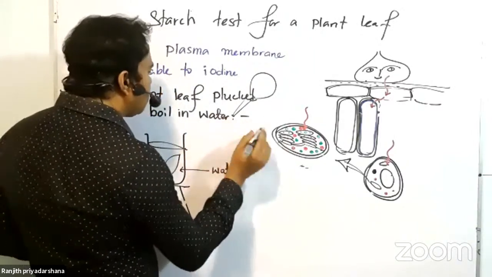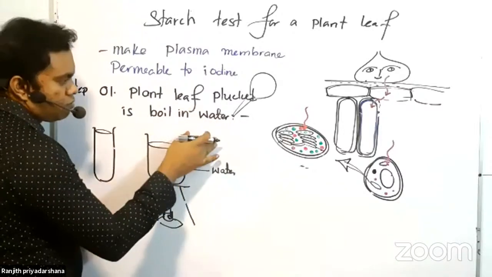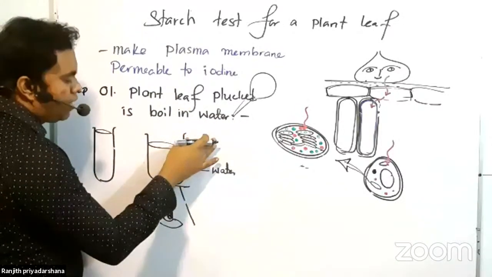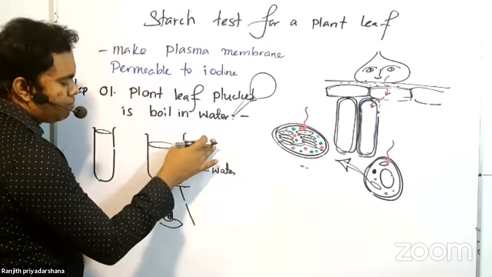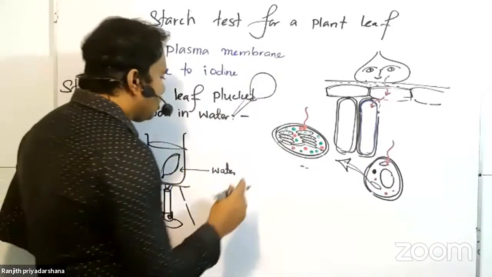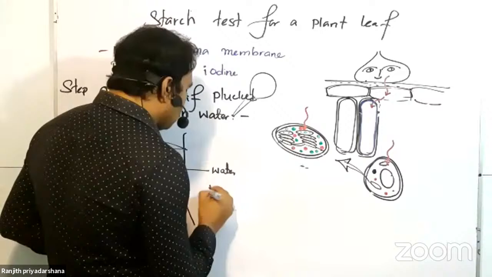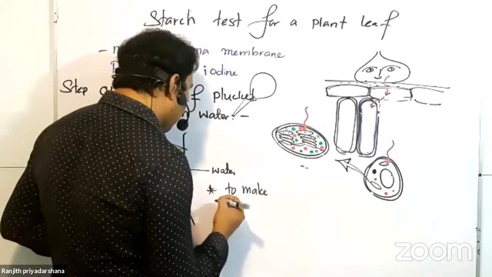What's the purpose of this? Yes, to make the cell wall and plasma membrane permeable to iodine. Okay, take down the reason. The exam asks, why do we boil in water?